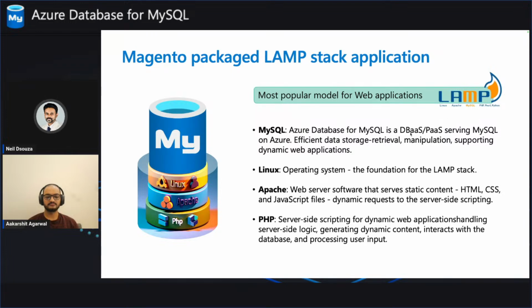For improved performance and scalability, there are other alternatives to Apache, so we have implemented Nginx in that space to provide an optimized experience, a slightly modified LAMP stack, as we can say. Let's go to the next slide.